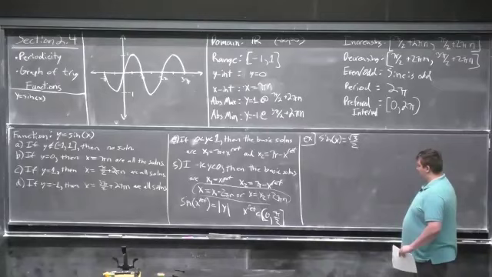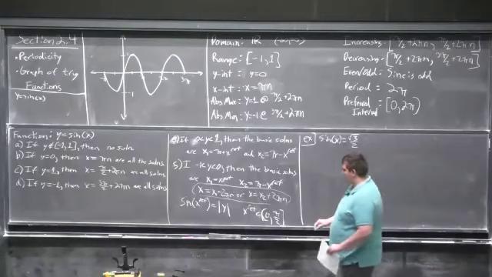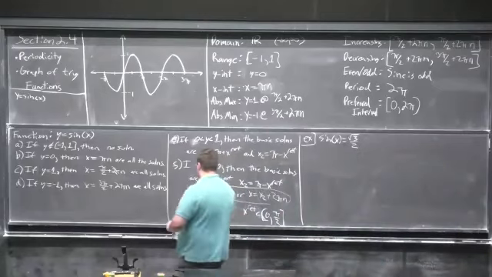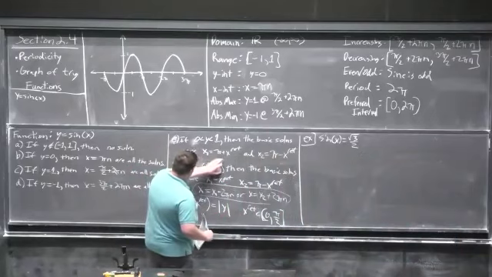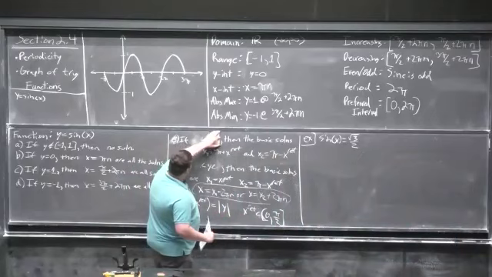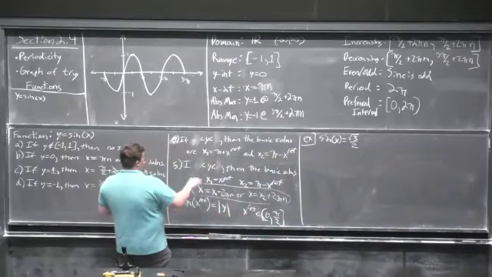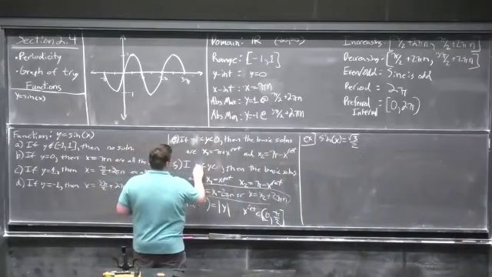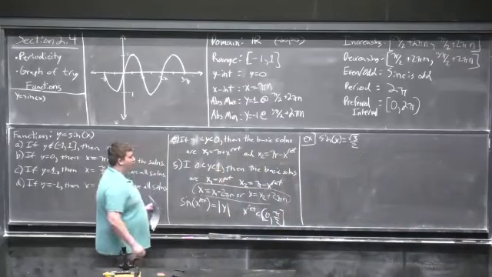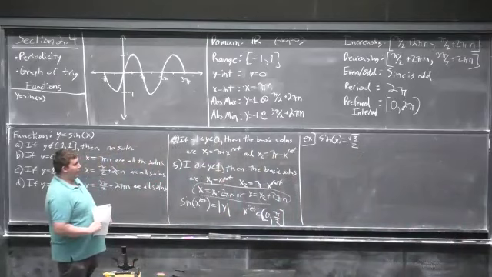And I think there's an error in this statement. Let me fix it real quick. These bounds are reversed. -1, 0. This is 0, 0, 1. All right, I'll show you how I caught that error in just a second.